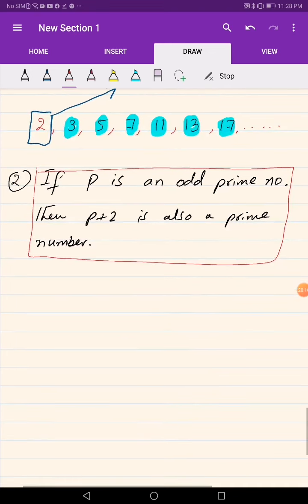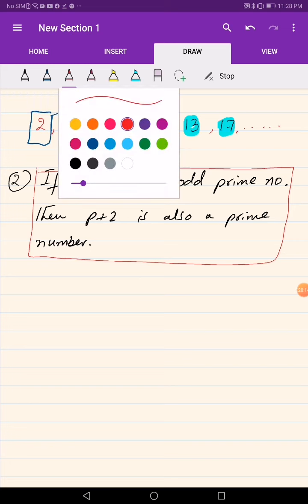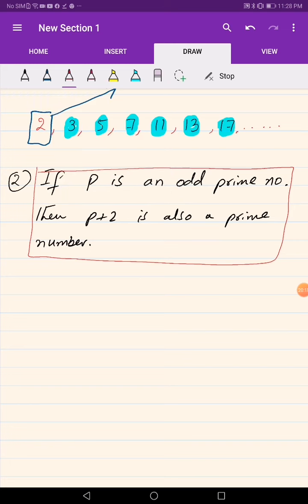Okay, no worries. I know all the odd prime numbers. Shall I write them here? So I'm going to write them: 3, 5, 7, not 9, sorry, 11, 13, and so on. Now, it says P plus 2, so I need to add 2 to it. 3 plus 2 makes 5.